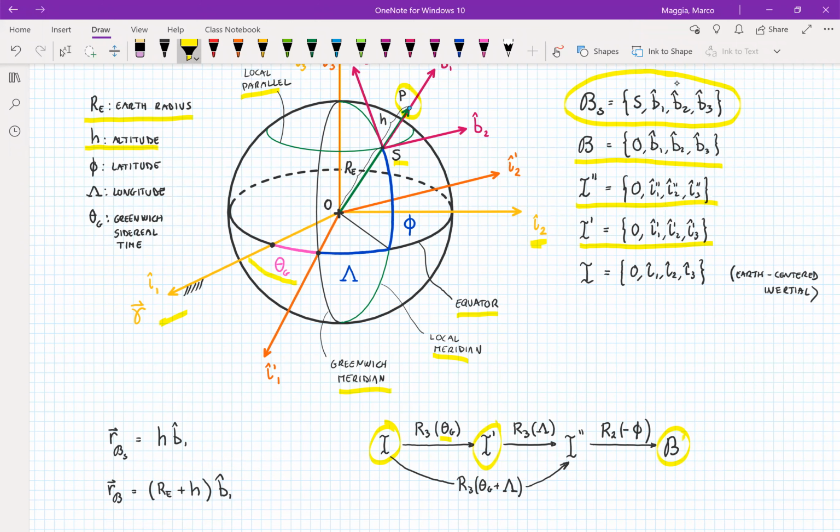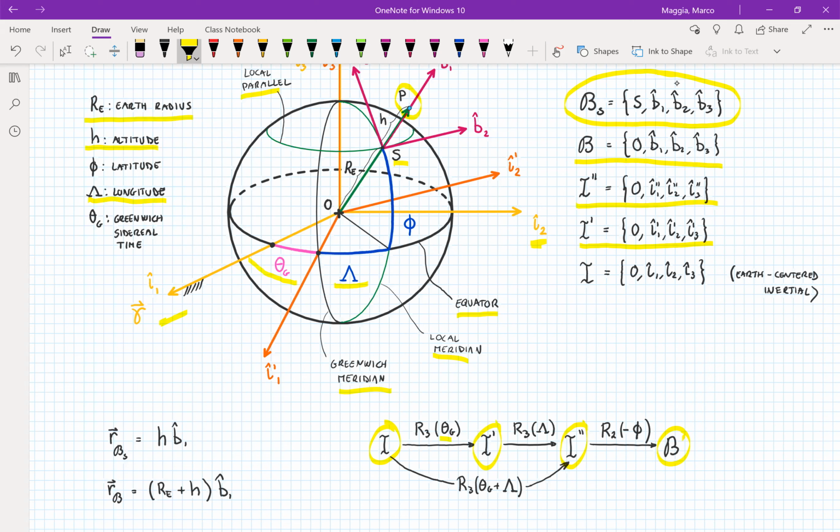Then in order to go to I2, we perform another rotation of the angle lambda, which is actually the local longitude of our vehicle P. But you notice here that theta g and lambda are rotations about the same axis.